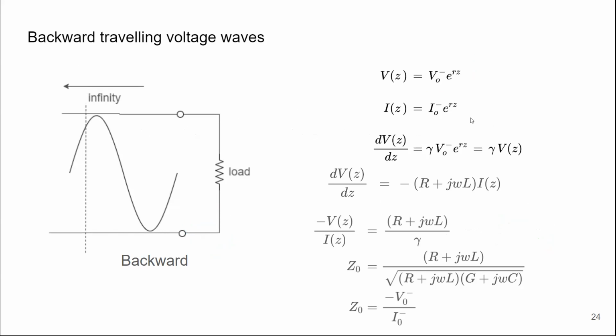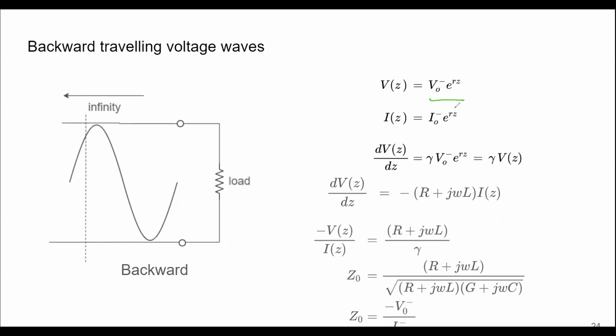So we can take V naught minus e to the power minus gamma z and I naught minus e to the power minus gamma z as the backward going voltage and the backward going current. Then we try to simplify this further, and we are trying to remove the components related to I naught minus and V naught minus.